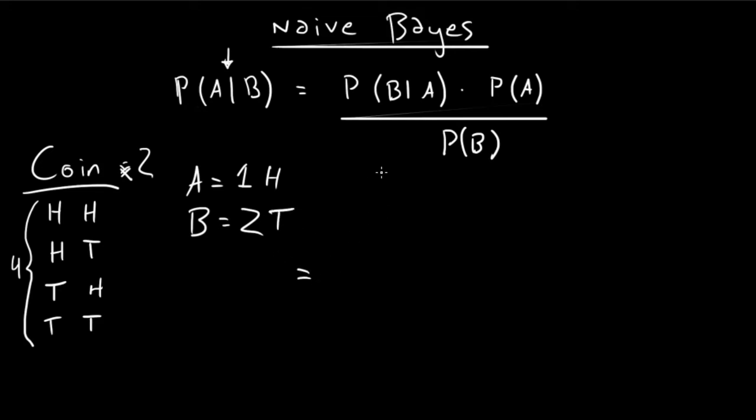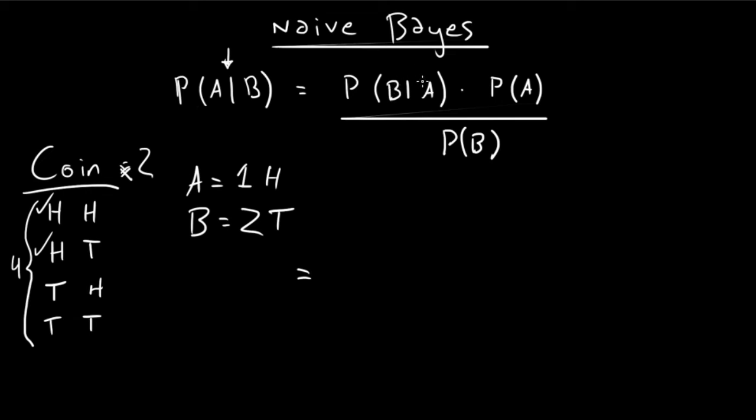So if we were going to plug in these numbers, what is this first term asking for? It's saying the probability of B occurring on the condition that A has occurred. Well, what's that condition again? The condition is that on the first flip, it's a heads. So that's satisfied here, and here.